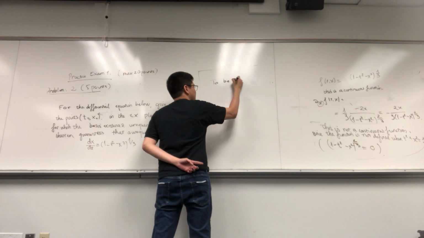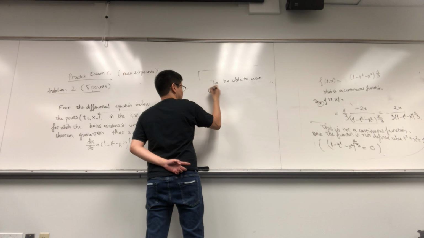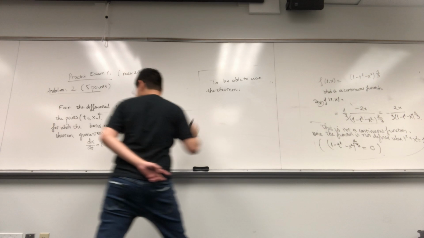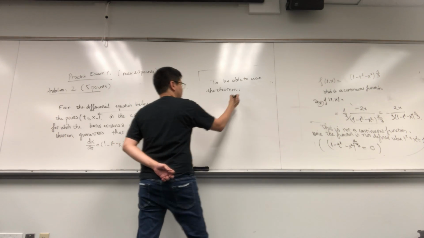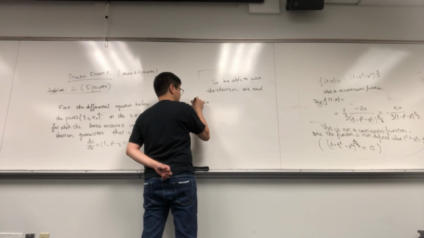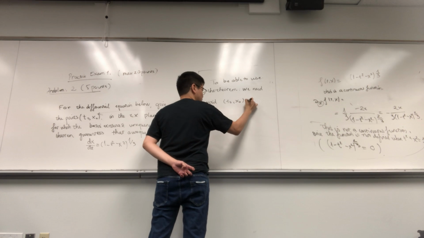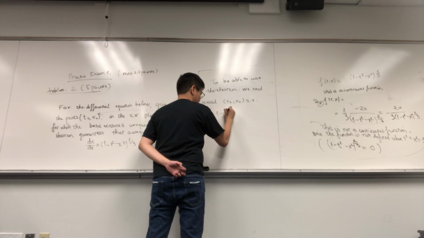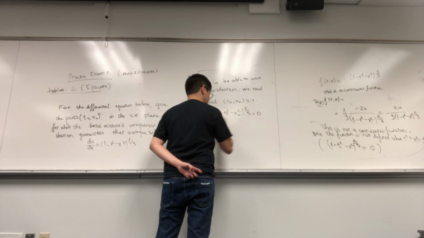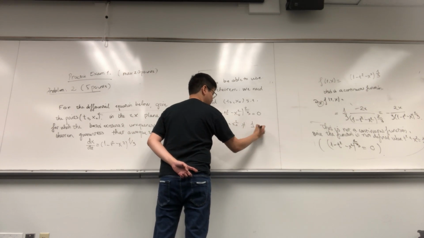To be able to use the theorem, we need to avoid t0, x0 such that 1 minus t0 squared minus x0 squared is equal to 0, t0 plus x0 is different from 1.